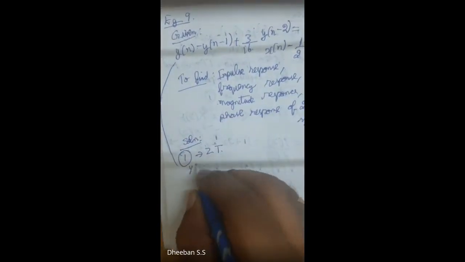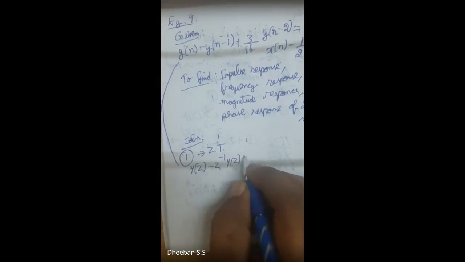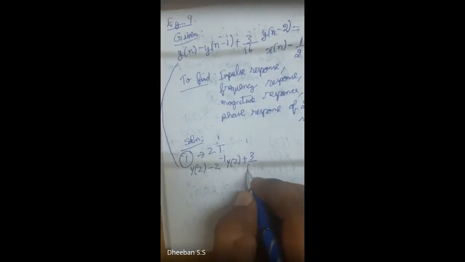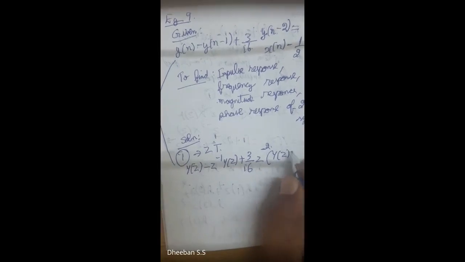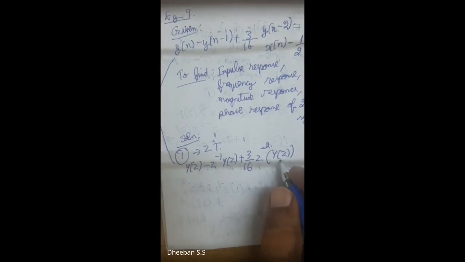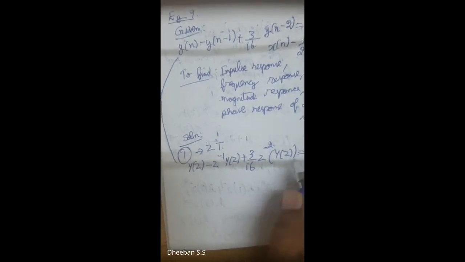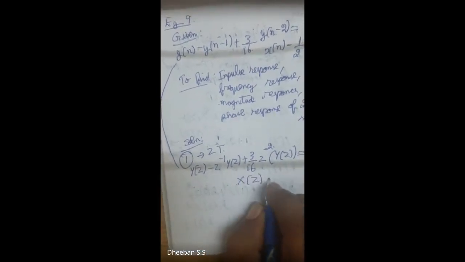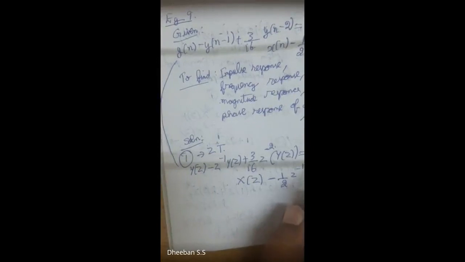Writing the z transform: y of z minus z power minus 1 y of z plus 3 by 16 z power minus 2 into y of z will be equal to x of z minus 1 by 2 z power minus 1 into x of z.